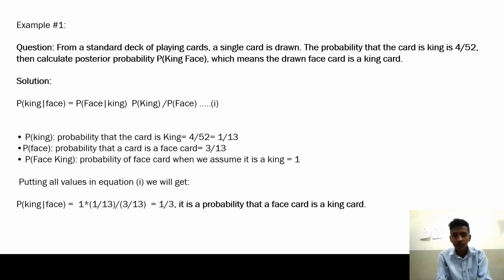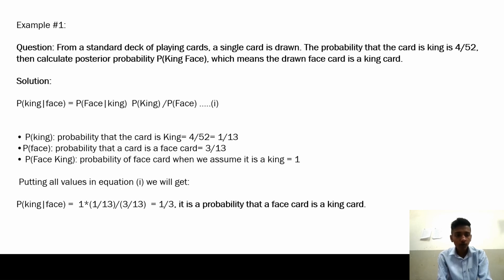So we can write the solution using Bayes theorem as follows: probability of king given face is equal to probability of face given king into probability of king, whole divided by probability of face. We can get an equation like this. So after that we can find the probability of king, as the probability that the card is a king is obviously 4 by 52. We can shorten it to 1 by 13.